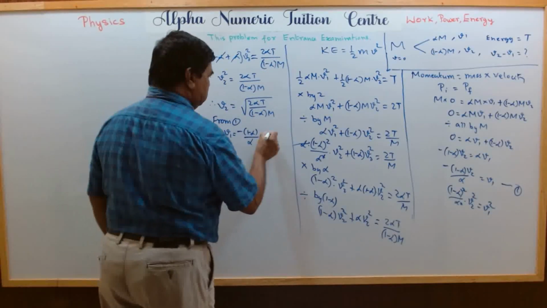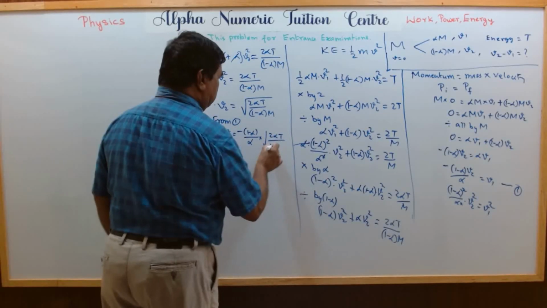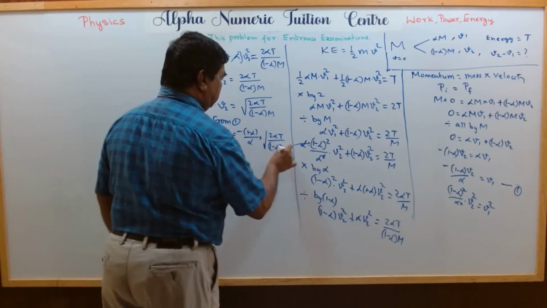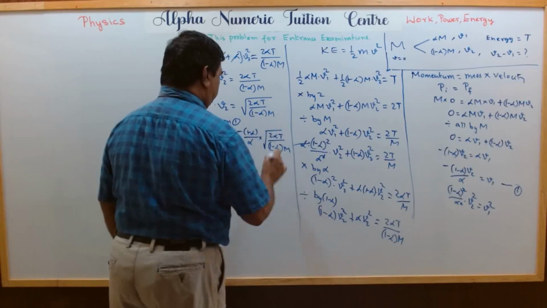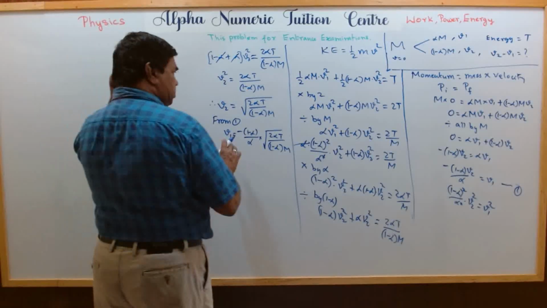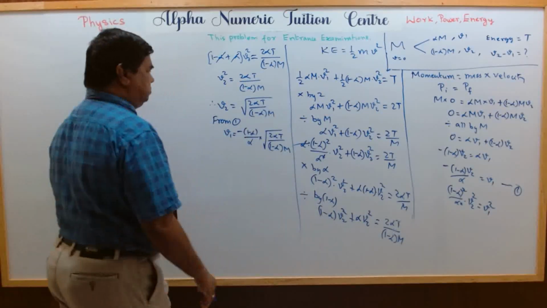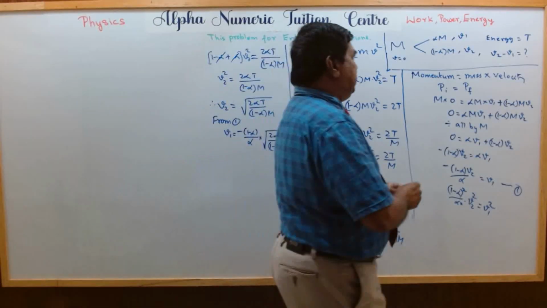V2 we already found. It is root of 2 alpha t divided by (1 minus alpha) into m. Okay? This is V1.